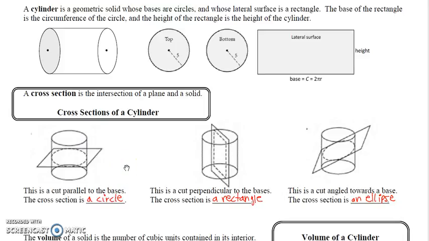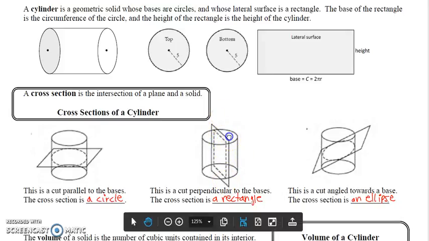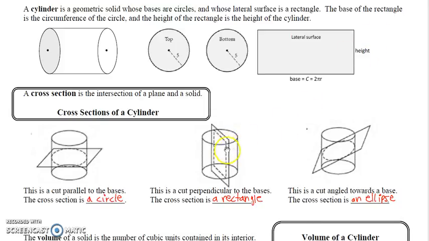Now, if you were to slice perpendicular to the bases, so if I slice down this way through a cylinder, and then I take this part and throw it away, and just look at the new edge I created, I would see this rectangle. Picture a Pringles can cut through the middle, the top of it this way. Throw half the Pringles can away, and now you're looking at a rectangle.